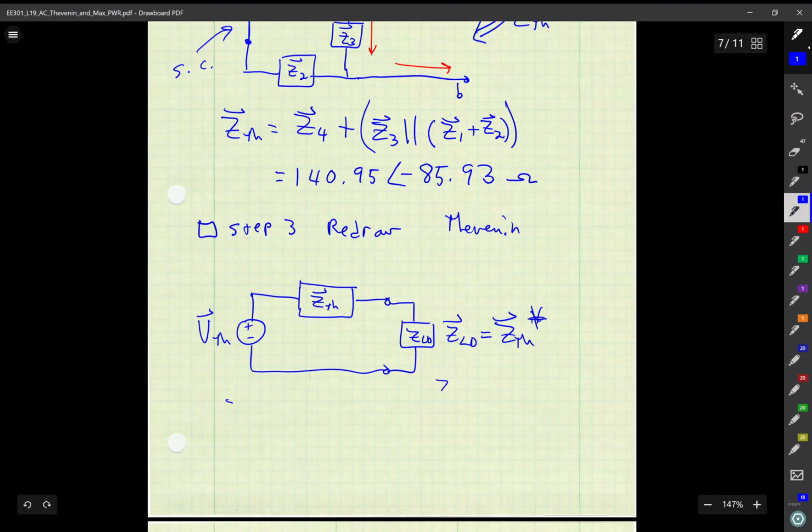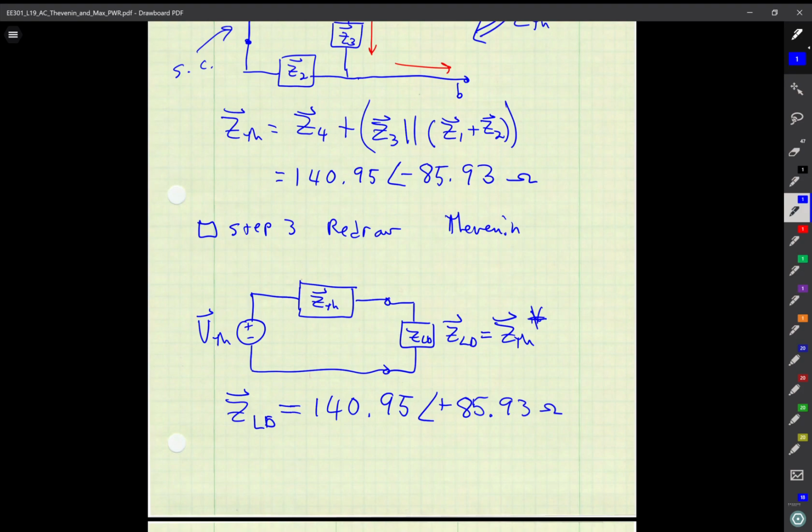So Z load is equal to 140.95 with an angle of plus 85.93 ohms. Okay, so there we have my circuit, and there's my Z load, my Z Thevenin, V Thevenin.